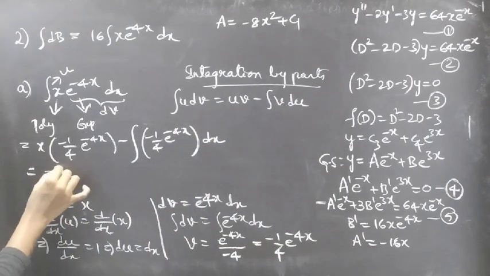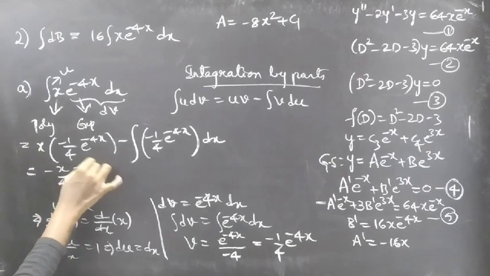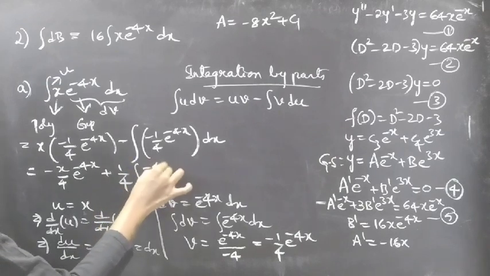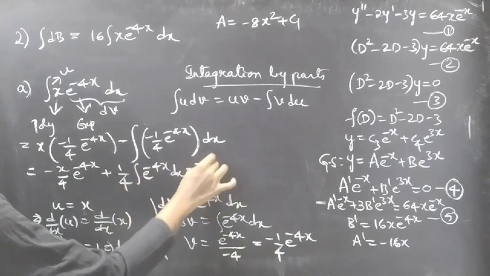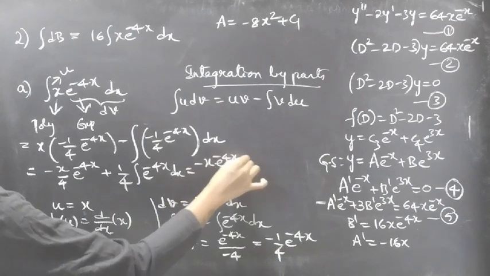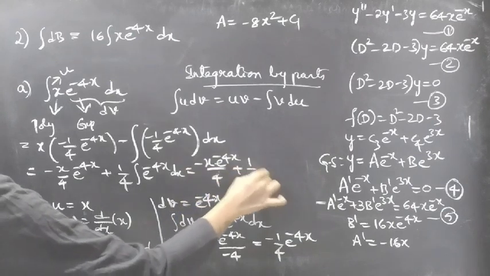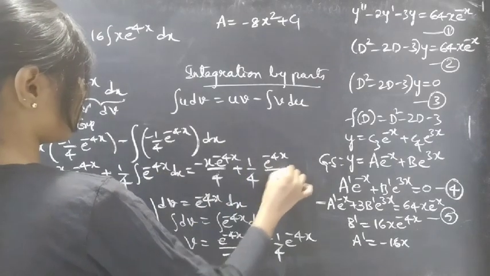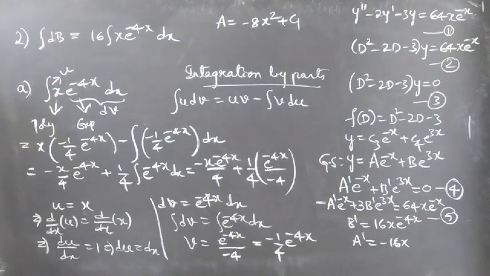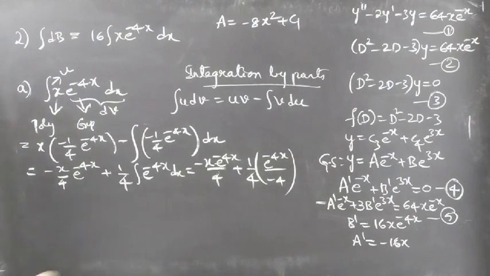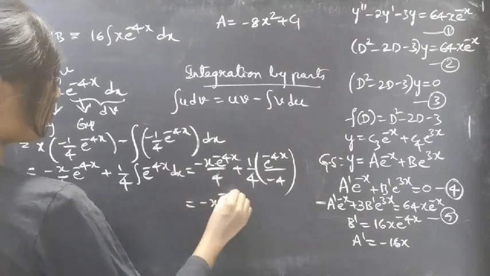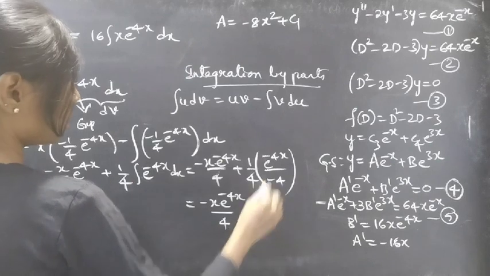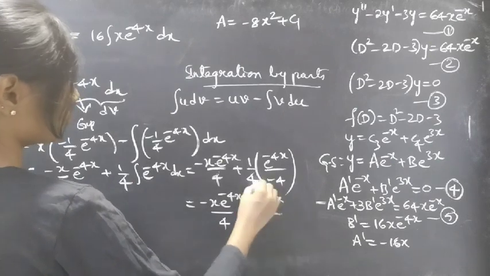This gives us minus x by 4 e power minus 4x plus 1 by 4 integral e power minus 4x dx, which gives us minus x e power minus 4x by 4 plus 1 by 4 into integral e power minus 4x dx, which is e power minus 4x by minus 4, which gives us minus x e power minus 4x by 4 minus e power minus 4x by 4 into 4, 4 fours are 16.